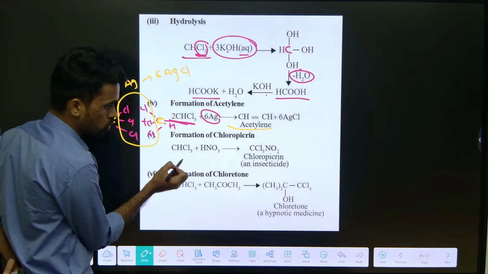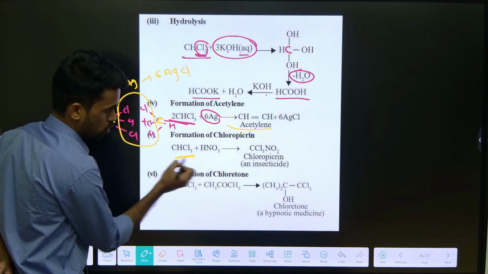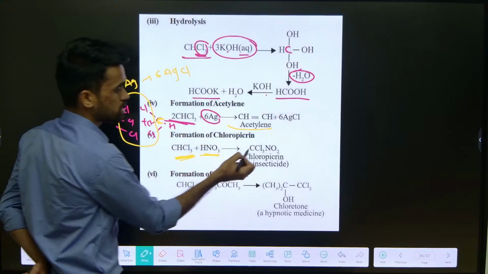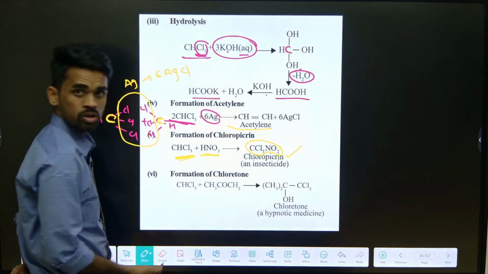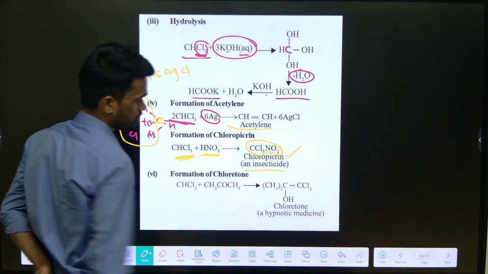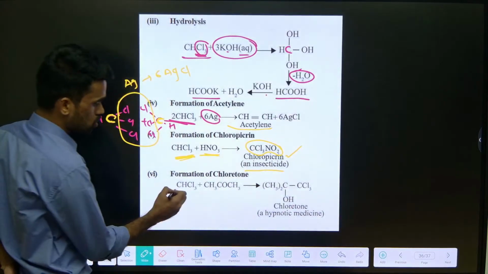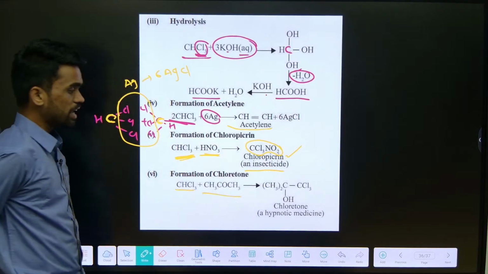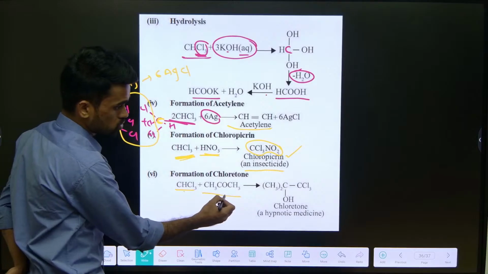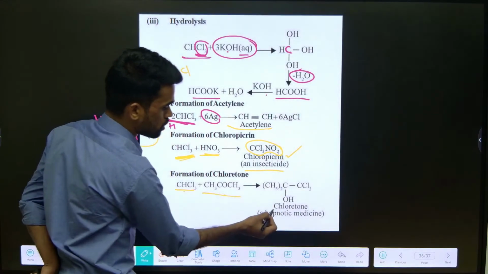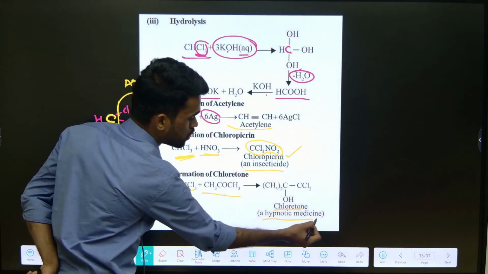What is this chloropicrin? Chloroform plus HNO3. So CCl3NO2 is the product formed. This is called chloropicrin, which is an insecticide. And the next, chloroform with acetone. It will form chloretone as a product, which is a hypnotic medicine.